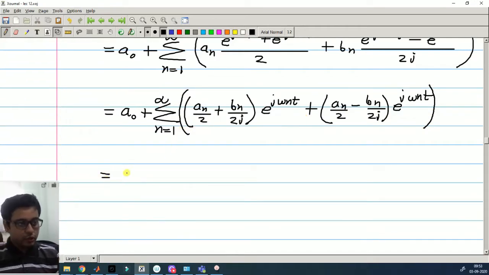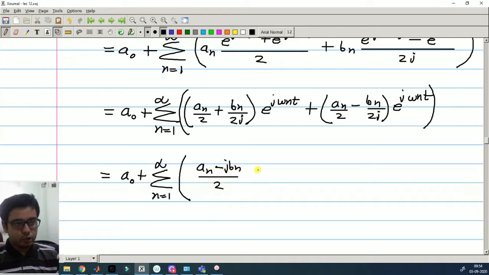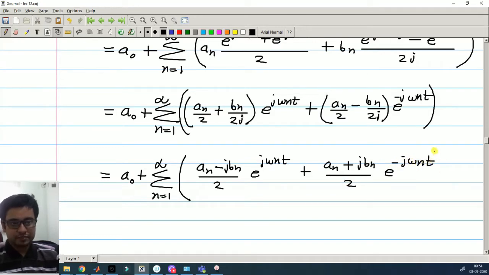You may also write it as (an minus jbn) by 2 e to the power j omega nt plus (an plus jbn) by 2 e to the power, this should be minus j omega nt.